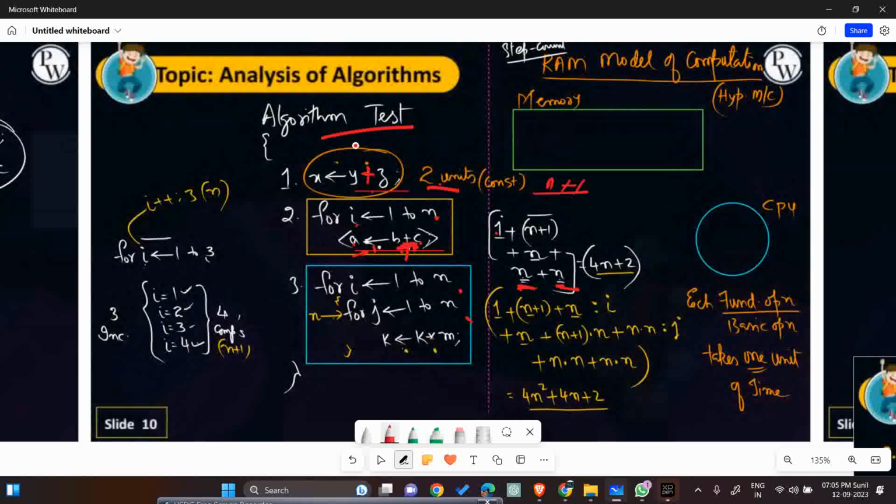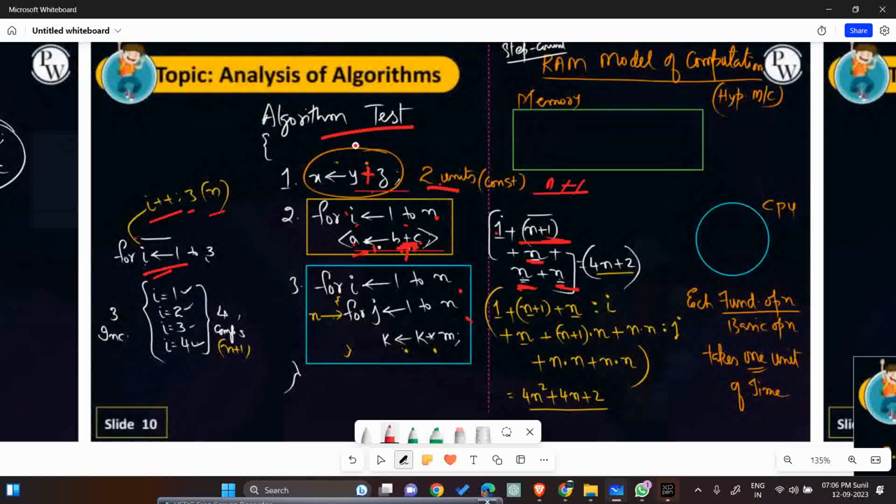The approach for this is the RAM model of computation. For i++ it is 3n plus one. One for assignment, n plus 1 for comparison, and n for incrementation.